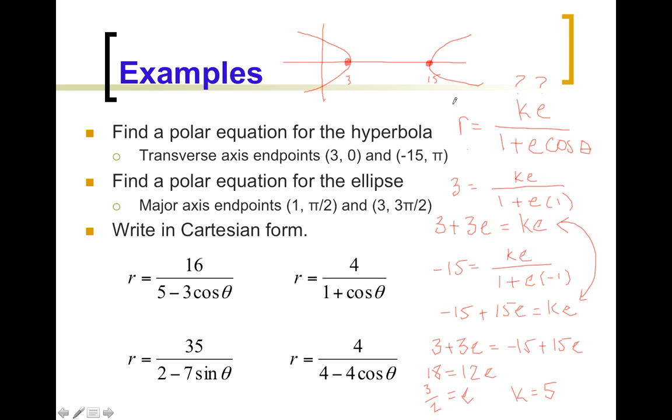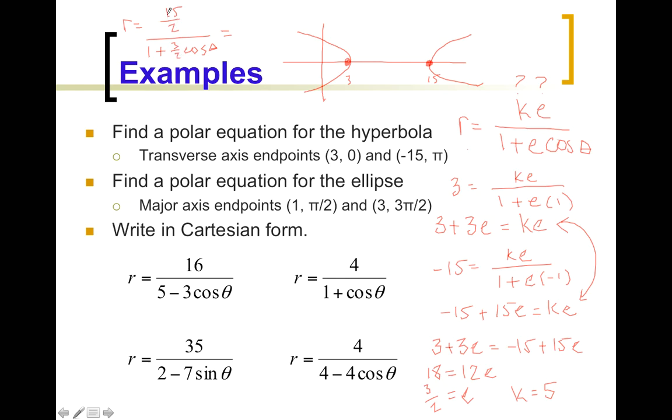and you get your equation. r equals k times e, so 5 times 3 halves is 15 halves, over 1 plus e, which is 3 halves, cosine theta.